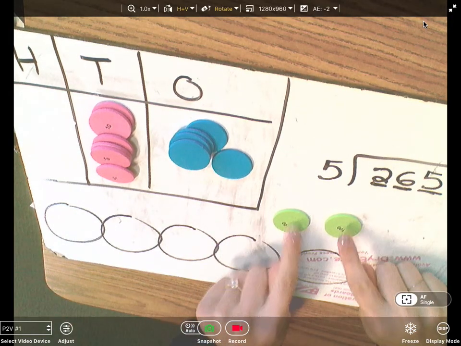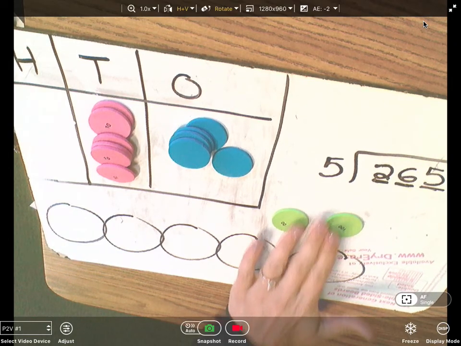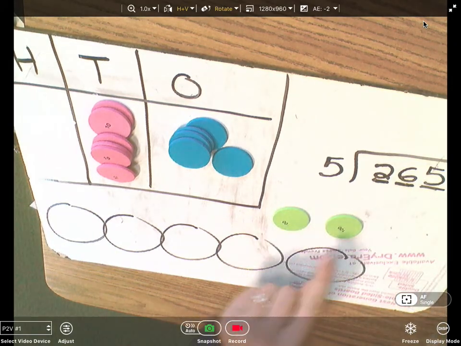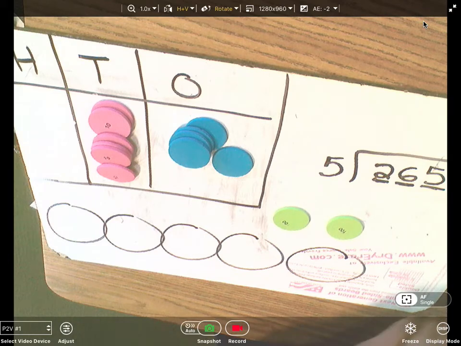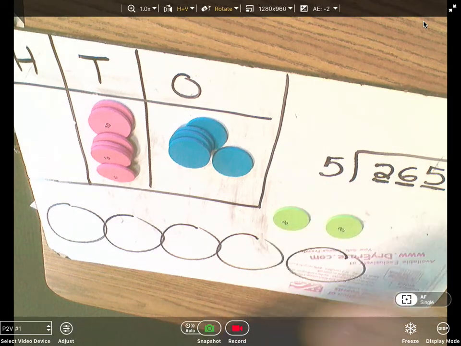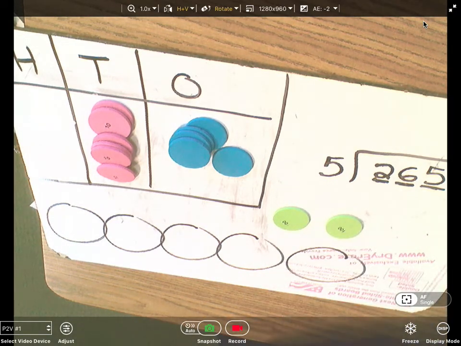So again, I'm realizing that I can't give any of these away, so I need to trade them in. I know that 10 tens are in 100, so that means that there's 20 tens in 200. So I'm going to trade in 1, 2, 3, 4, 5, 6, 7, 8, 9, 10 for 100.